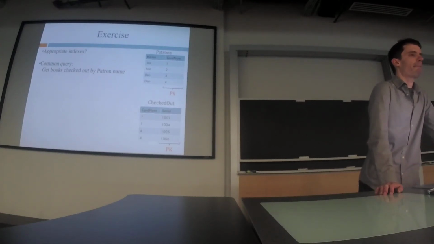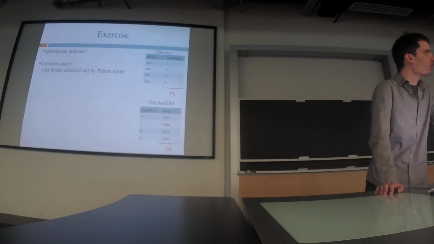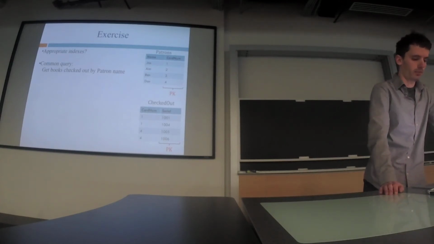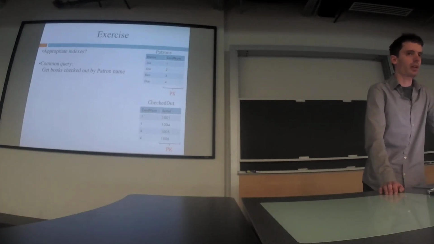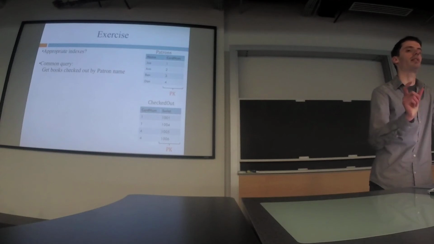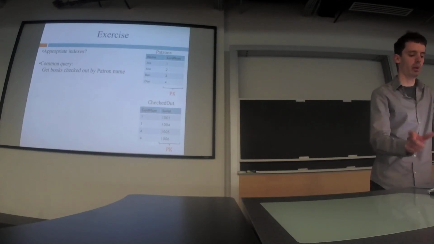Hope that was about a minute. So, who wants to offer an answer? Since you're just going to read through every row of patrons anyway, it's only beneficial to put an index on checked out's cardnum. So why? You said you're going to read through every row of patrons anyway.